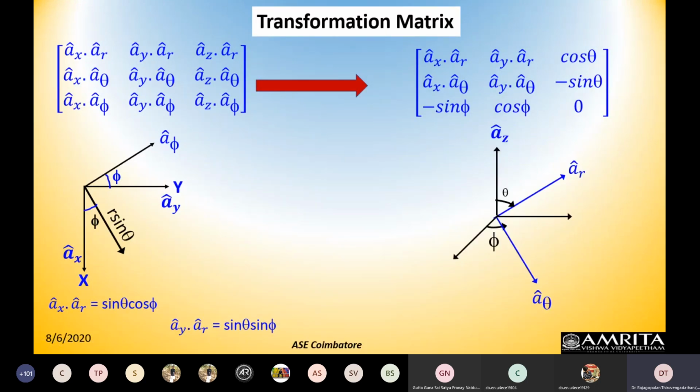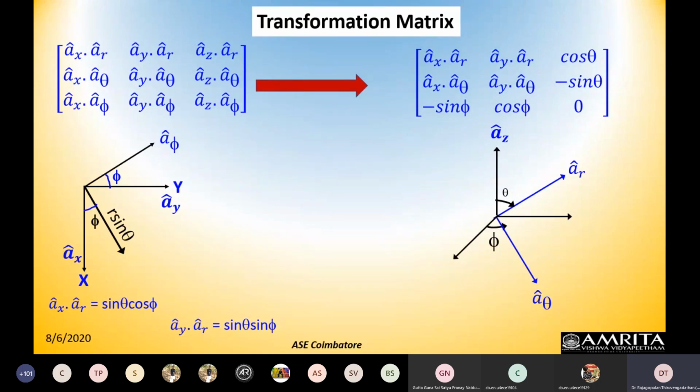The a theta direction that is shown is getting beneath the xy plane, and you must recognize that fact. A theta is not here; a theta is like this.